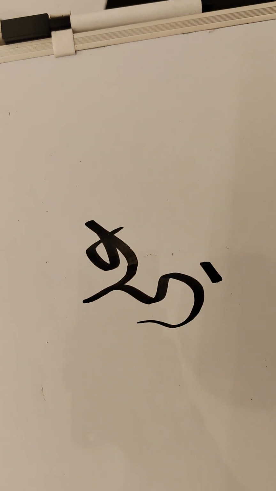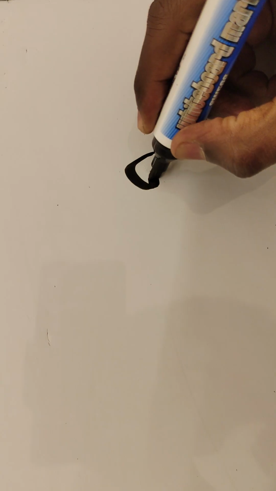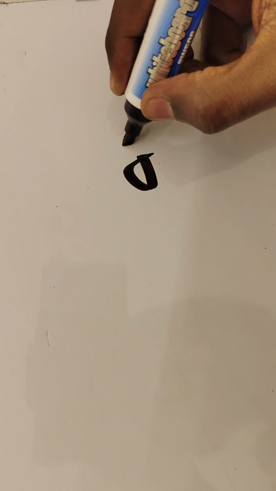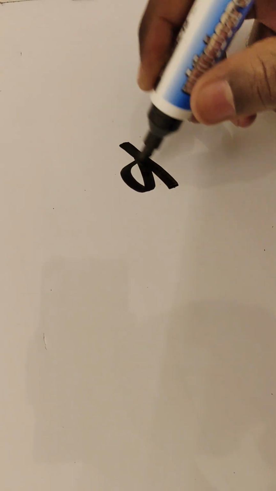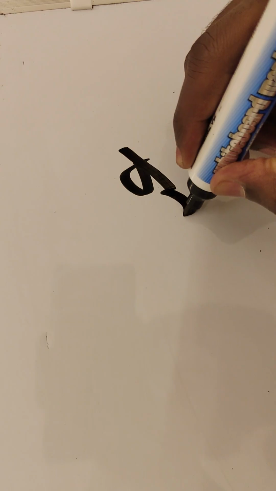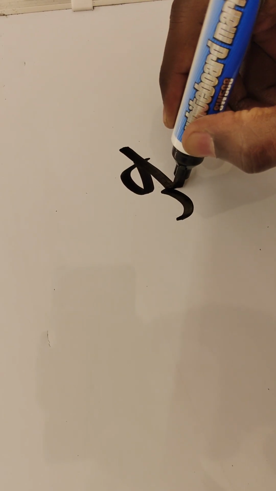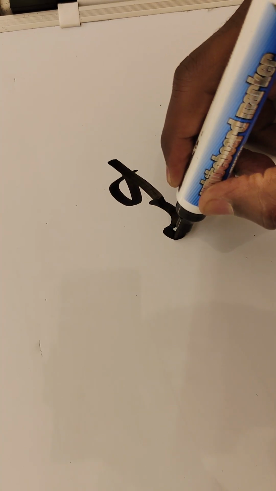Let's see another example. Let's see Inab. Listen, Ain, Nab. So after Ain we are adding Nun, then we are adding Ba.